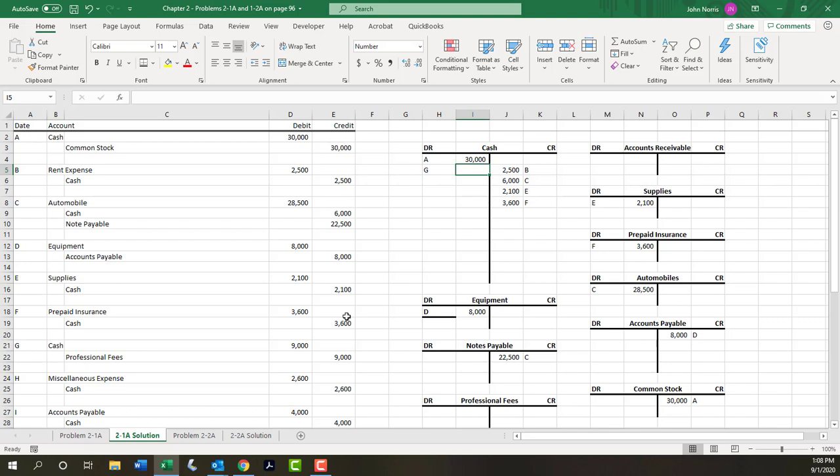G is the professional fees that we were paid in cash by our customers.